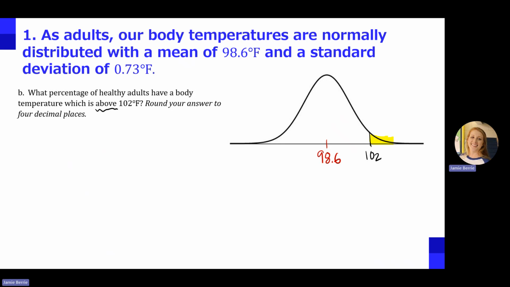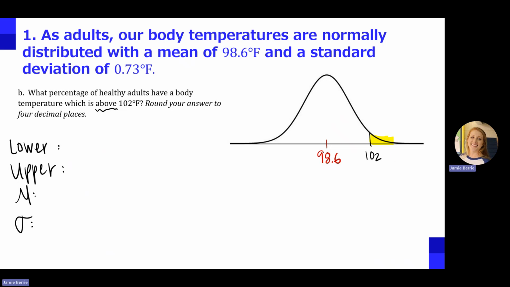All right, so now I need to write down my lower bound of my shaded area, my upper bound, my mean, and my standard deviation. My shaded area starts at 102, so that's the lower bound. And the upper bound, where the shaded area ends, would be way out here at positive infinity.